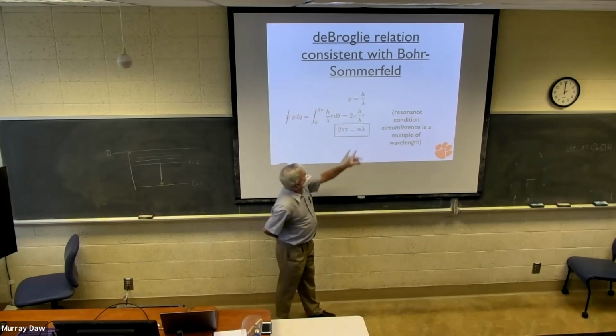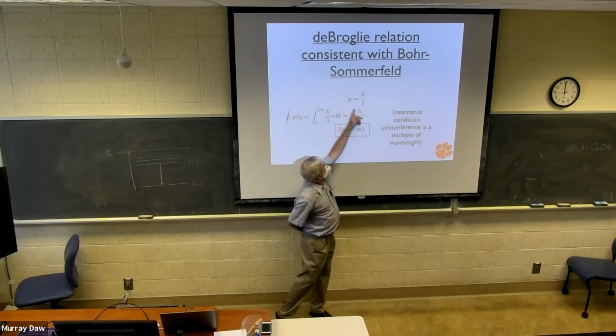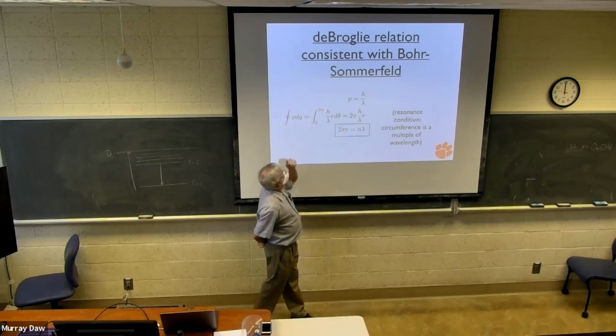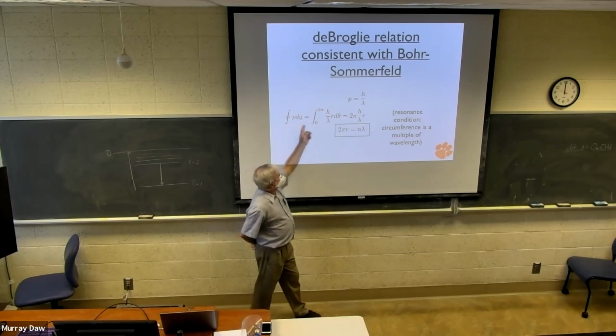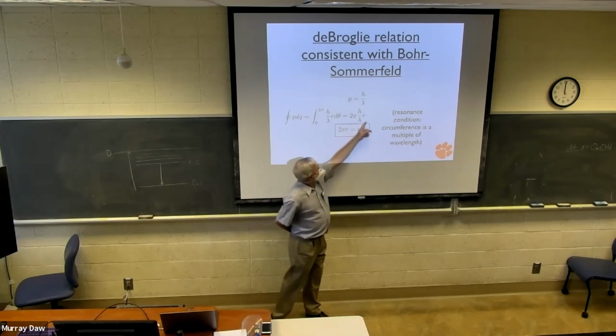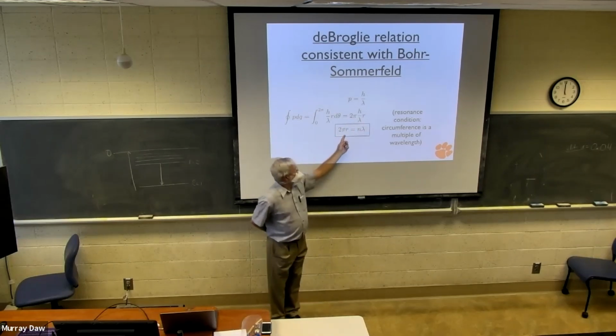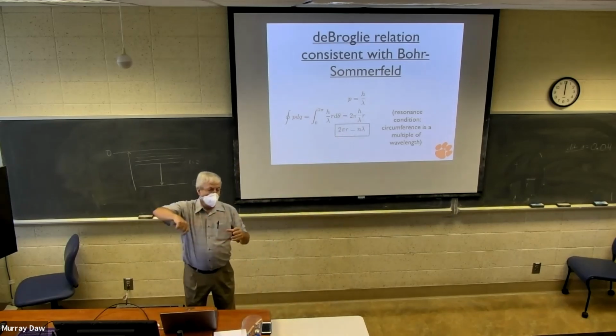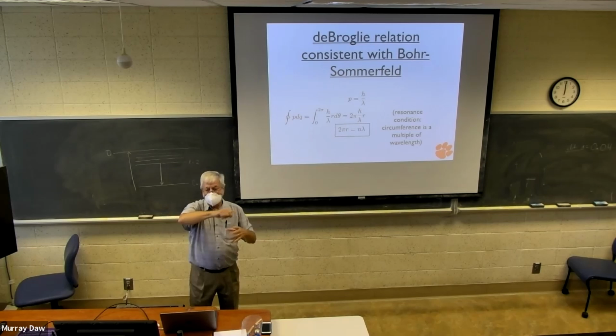So the wavelength is determined by the momentum, and then we require that this invariant, then we work out what it is, and we say that this is quantized, and so that says that the radii of the orbits are quantized, so that the guiding wave structure fits in one complete cycle on its way around.